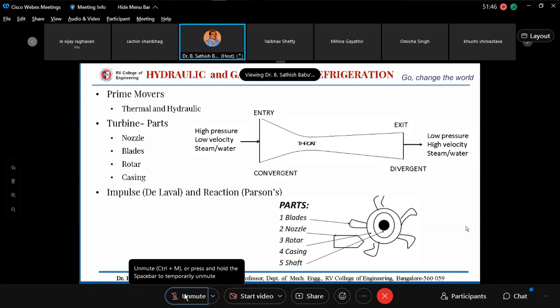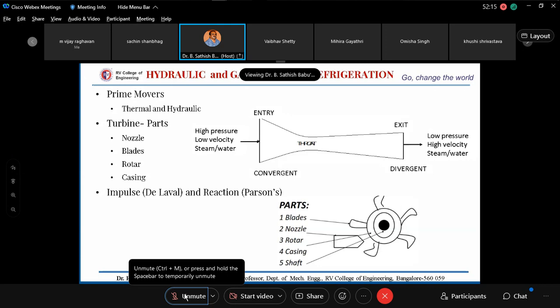If it is using heat energy at the input and executing some mechanical task, then it is called a thermal prime mover. If it is using water energy, it is called a hydraulic prime mover. The examples are given here in the PPT itself. So which are thermal prime movers? Can anyone just give me some examples either for thermal or for hydraulic?